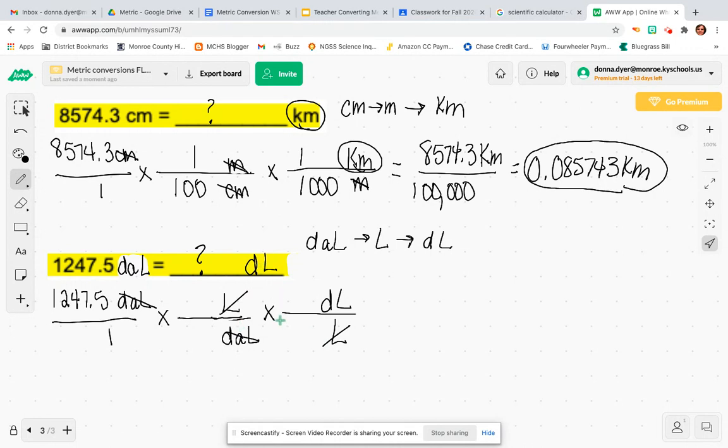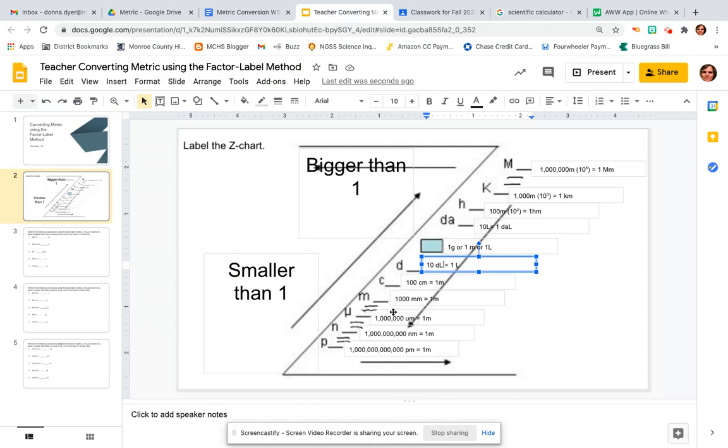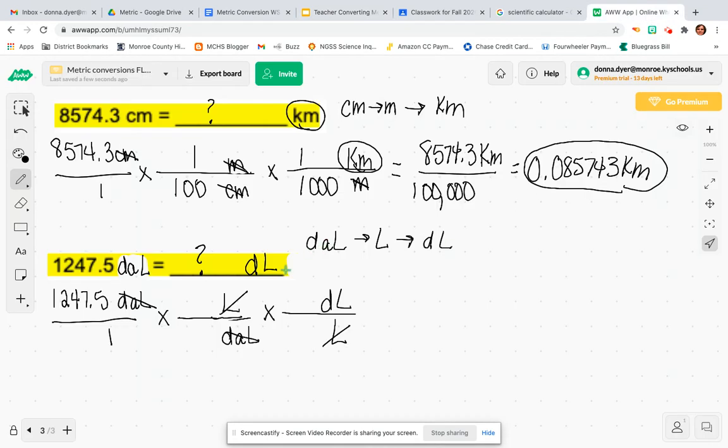Now we're ready to look at our conversion factors. I need to look at the one that has liter and decaliter in it. So, which one has liter and decaliter? Well, it's the DA, deca. 10 liters, 1 decaliter. Now I'm looking at the conversion factor that has deciliter and liter in it.